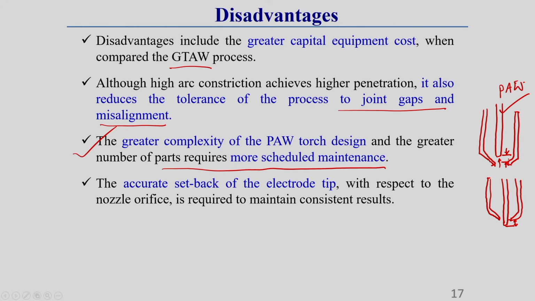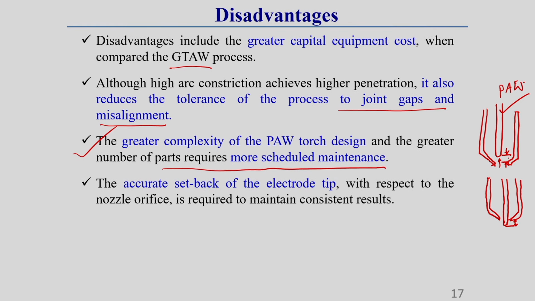Why is it inside the nozzle? Because here the arc is required to constrict. Once the arc passes through this nozzle, only then does arc constriction happen. So, this is called setback of the electrode.